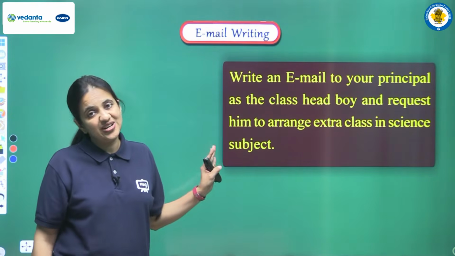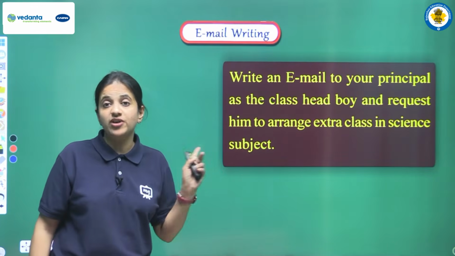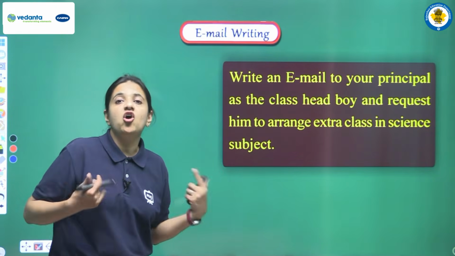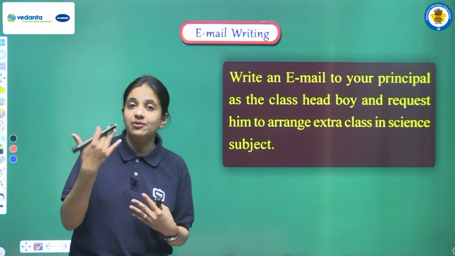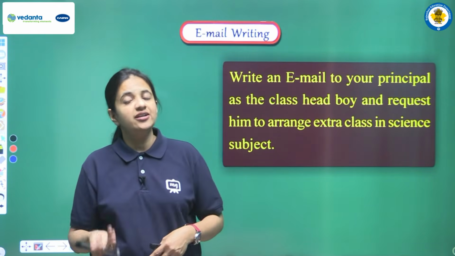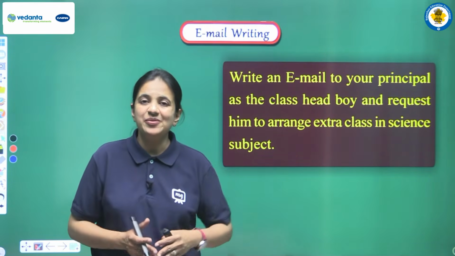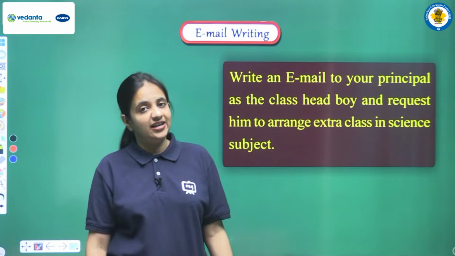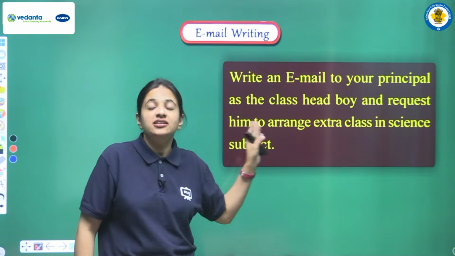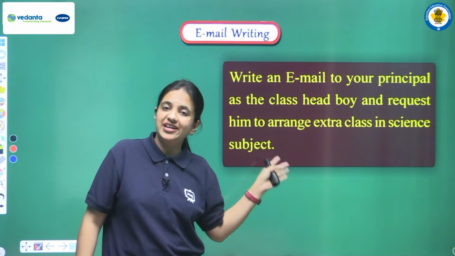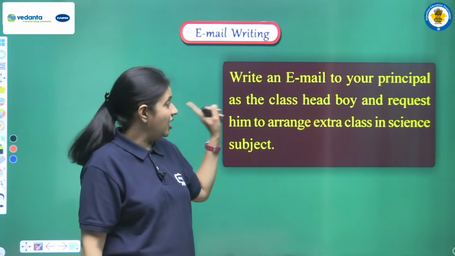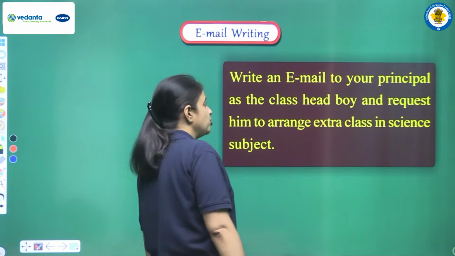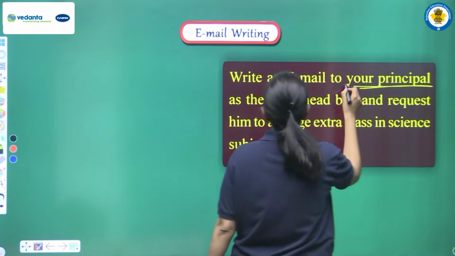So first of all students, yes, you have to read the question very carefully. You have to understand all the things, what you have to imagine, who are you, and to whom you are addressing your email. And again you have to understand the points that you have to cover in your email. Okay, so now according to this question we have to write the email to our principal.